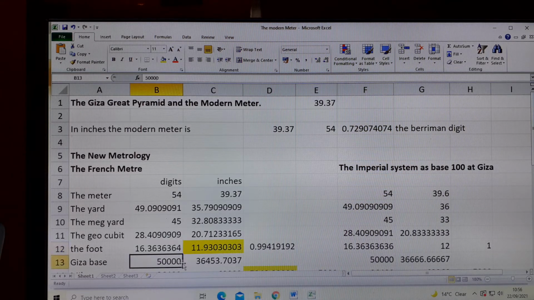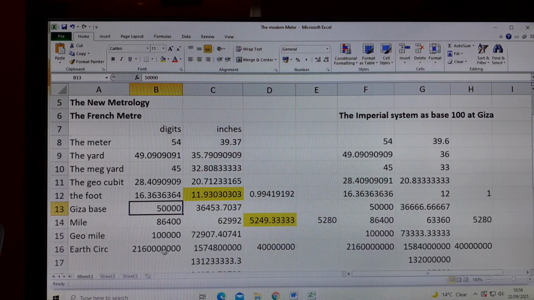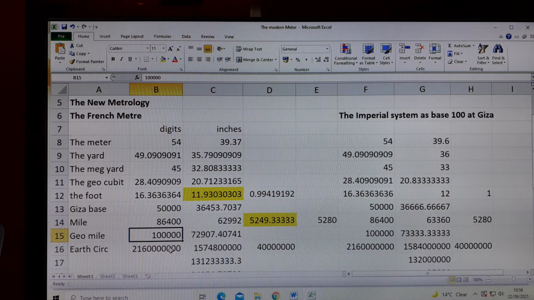The Giza base is 50,000 digits per Berriman. And the English mile is 86,400 digits. Now this is such a big deal. And the geodetic mile is 100,000 digits, and the Earth's circumference is 2160, and all those zeros after it.